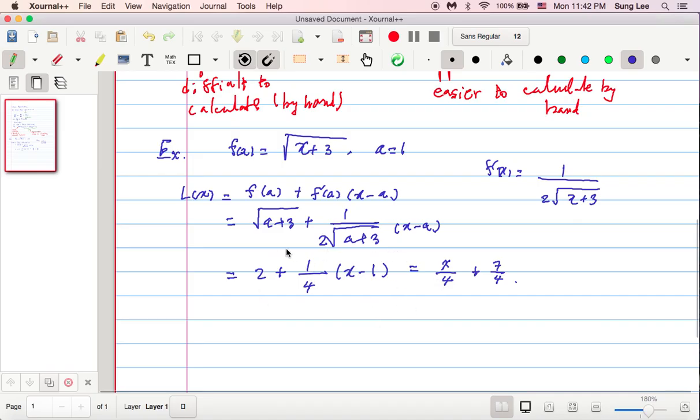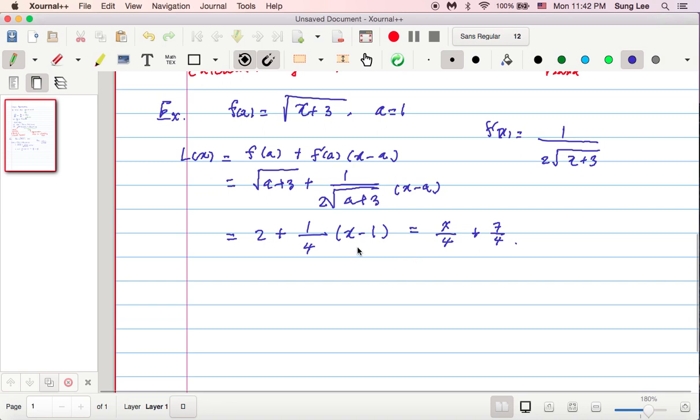Sometimes leaving the expression just like this might be easier from a calculation point of view, so you might see that later on. So it is not necessarily advantageous to simplify and write it in this form. All right, I just did it though.